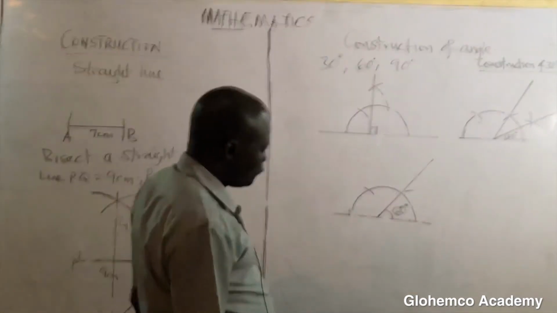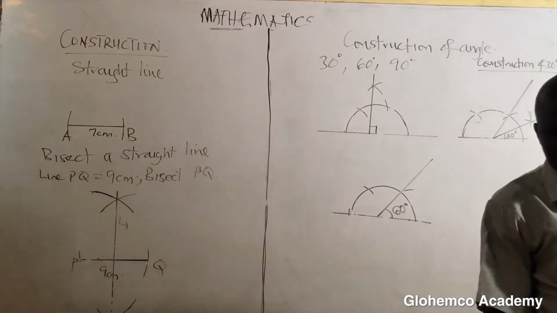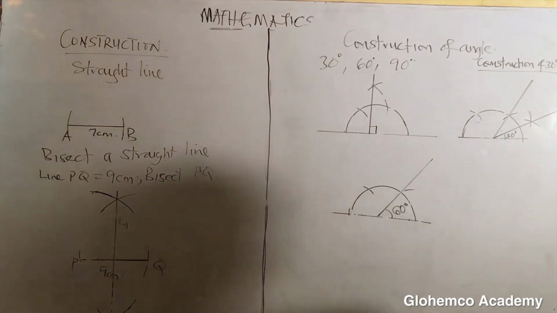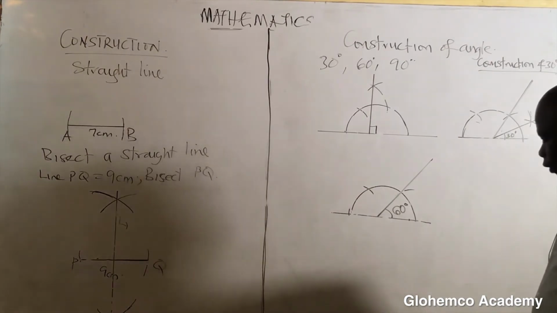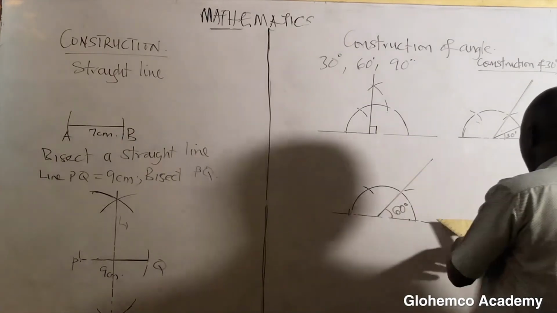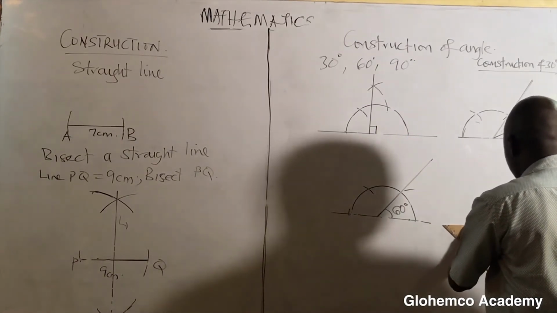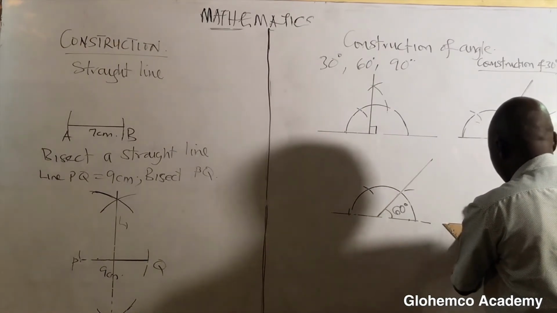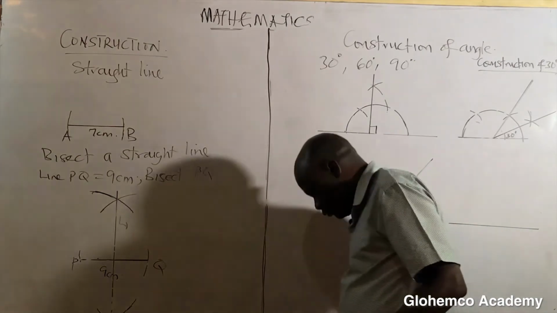Again, if you are to construct angle 45, 45 is half of 90. It means we need to construct angle 90 first, and then after the construction of angle 90, we'll go ahead to construct angle 45. Just like we have done in the first construction, we have our straight line.